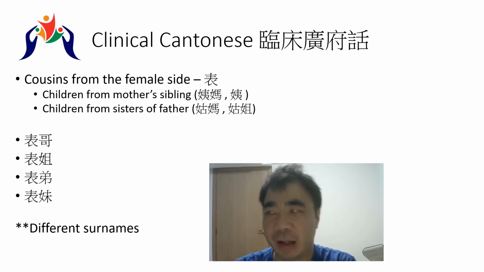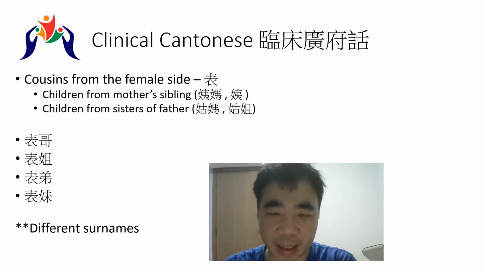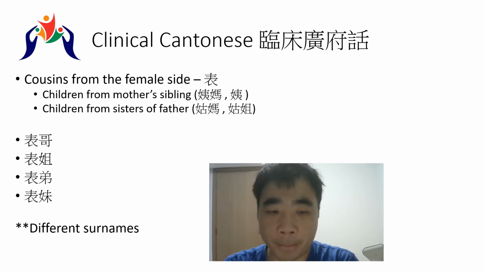So from the female auntie side, all the aunties. Okay, so we call it 表哥, 表姐, 表弟, 表妹. Okay, let me repeat 表哥, 表姐, 表弟, 表妹.